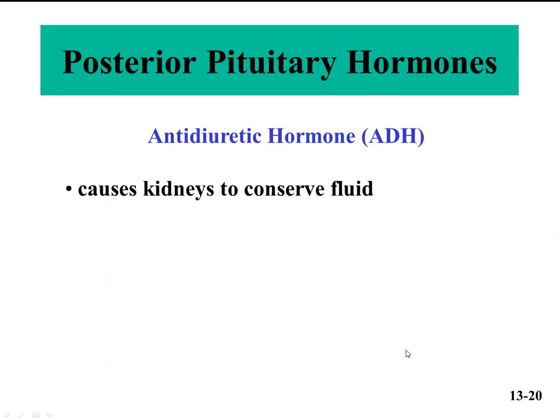What hormones are produced by the posterior pituitary? Antidiuretic hormone causes the kidney to conserve fluid. Now, a diuretic causes the kidneys to release fluids.